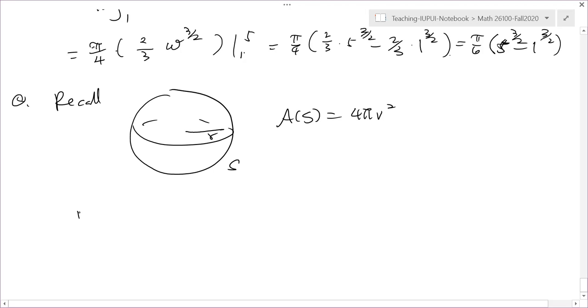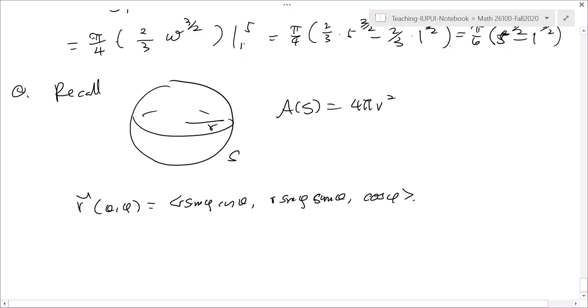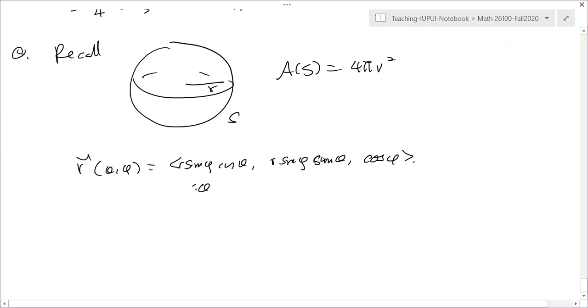Right, so our parameterization is going to be in terms of theta and phi. Remember, it's r sine phi cosine theta, r sine phi sine theta, and r cosine phi. So theta is between 0 and 2 pi, phi is between 0 and pi.